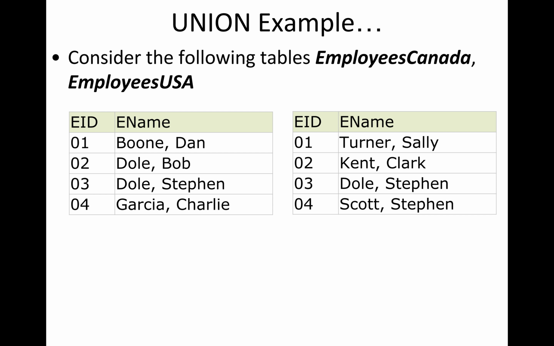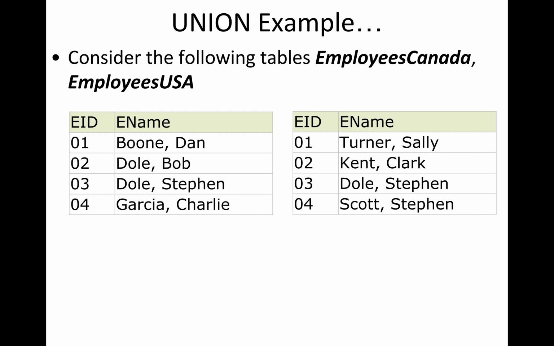So for instance, here are two tables that happen to have exactly the same column names. But it's okay if they don't, as long as you do the transformation that gives them the same name, because you can always use as to rename the column name.